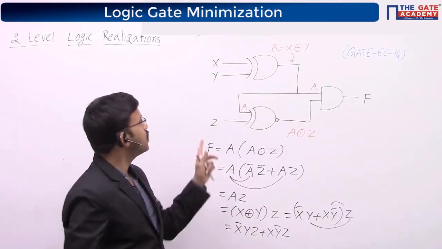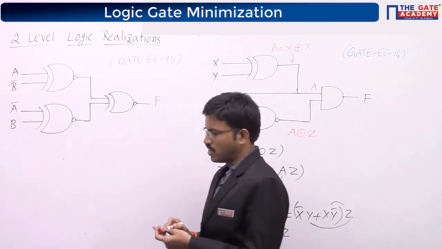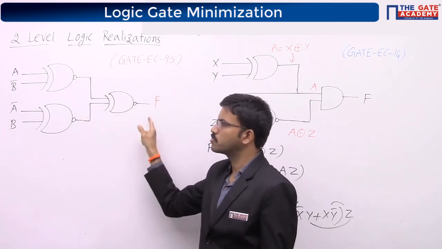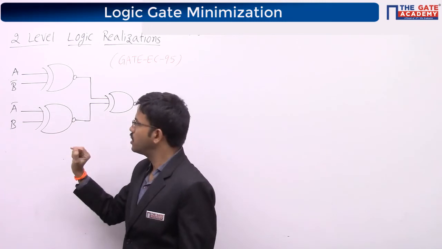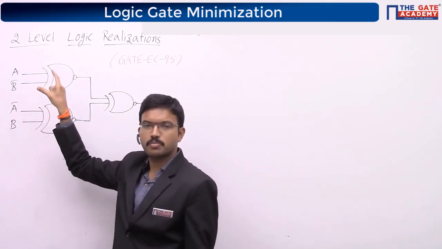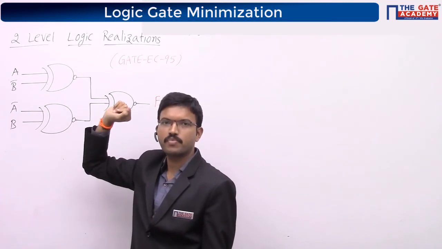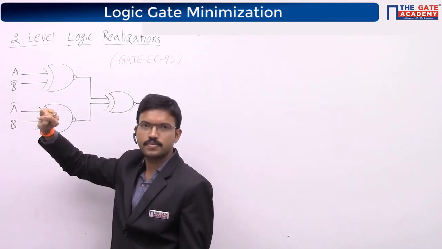Okay, last question of this particular chapter. Draw this circuit diagram. He has given the circuit diagram with exclusive NOR gates. He is asking what is the output. Here you are having exclusive NOR gates. If you give normal inputs, suppose A and B, the output of the exclusive NOR gate will be A XNOR B. But here one input is normal and the other input is complement, right?